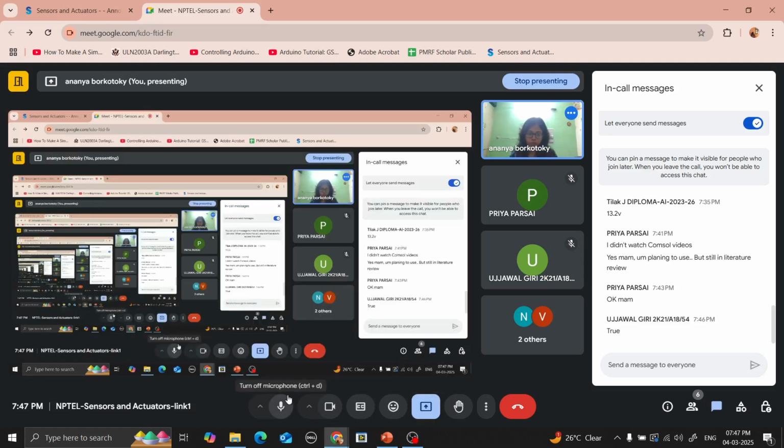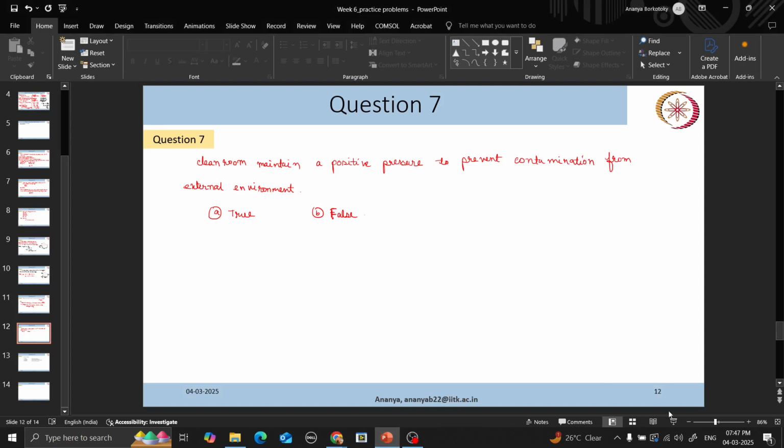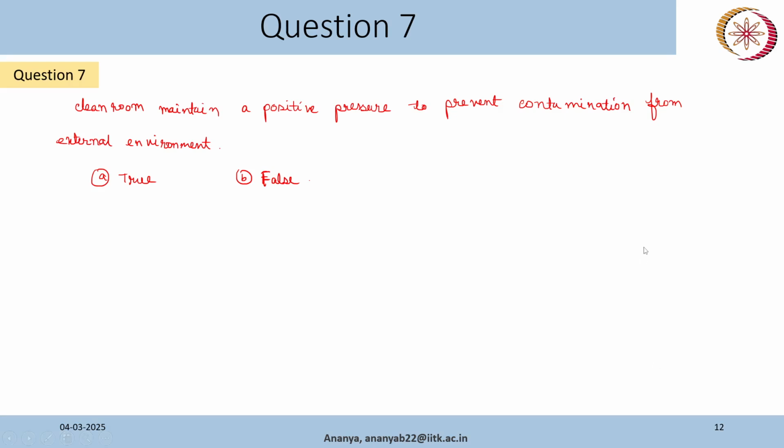It is true. And why is it true? See, it is not always easy to maintain a clean room, so you have to make sure that the filters are working properly, everyone is following the clean room protocols properly, and the machines are well taken care of.